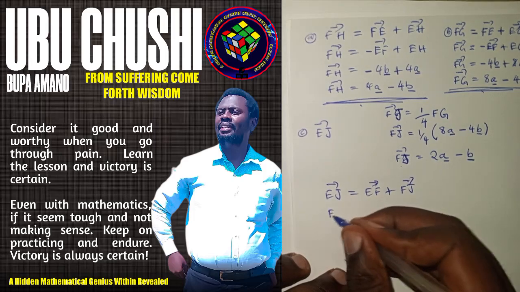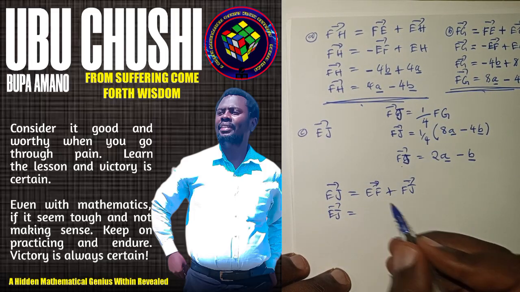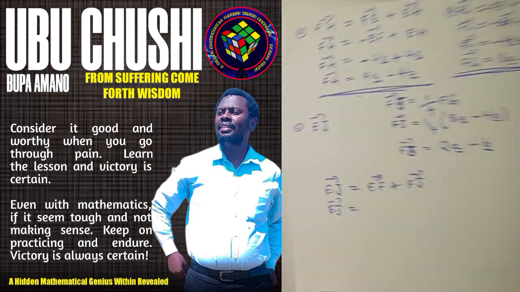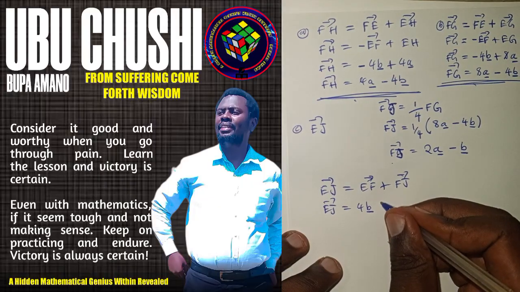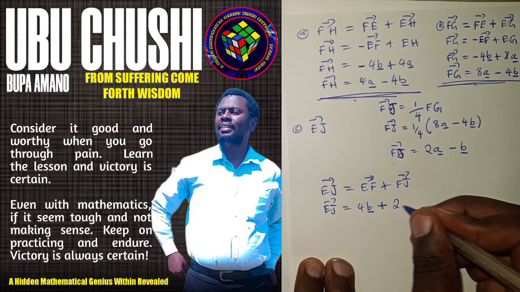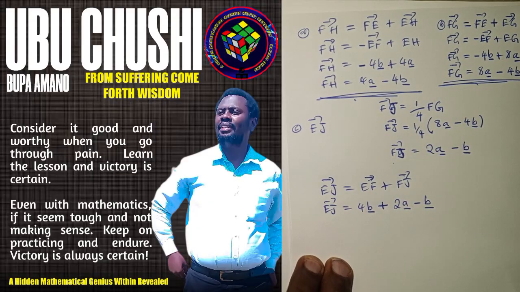Okay, so we say EJ is equal to EF. We have EF is 4 vector B. So we have 4 vector B plus FJ. We have 2 vector A minus vector B.